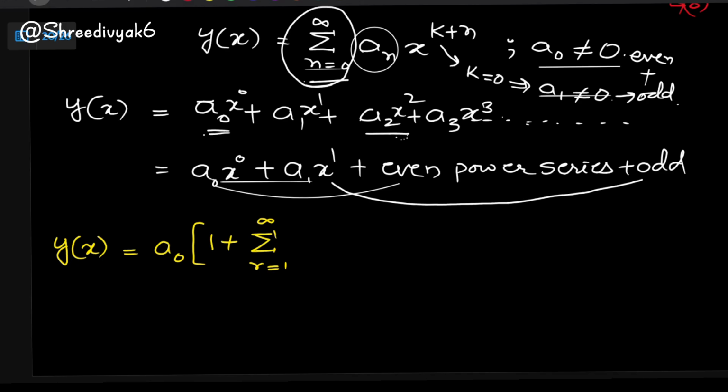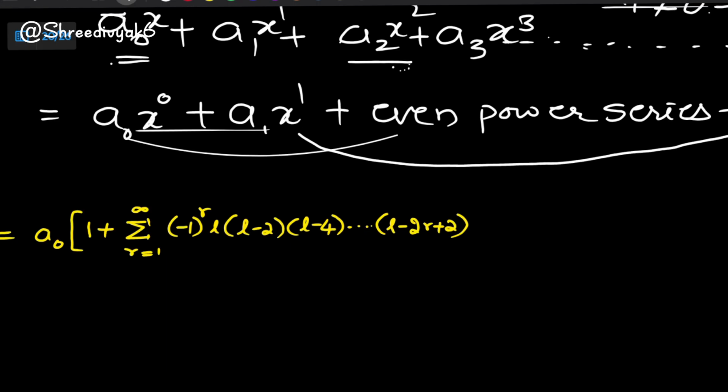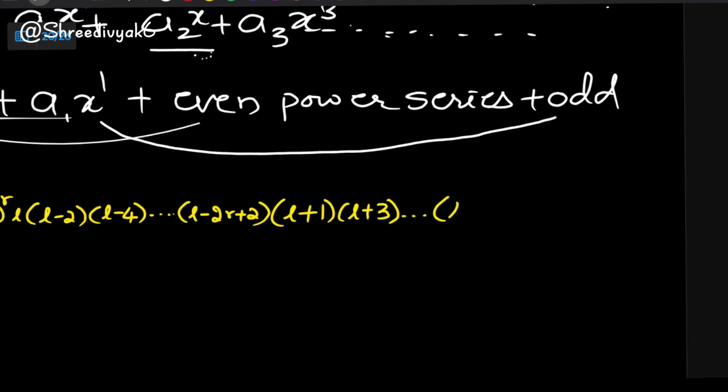I can write the even power series as minus 1 raised to r, l into (l minus 2), (l minus 4), so on up to the rth term for this series, that is (l minus 2r plus 2) into (l plus 1), (l plus 3), so on up to (l plus 2r minus 1) raised to x raised to 2r.